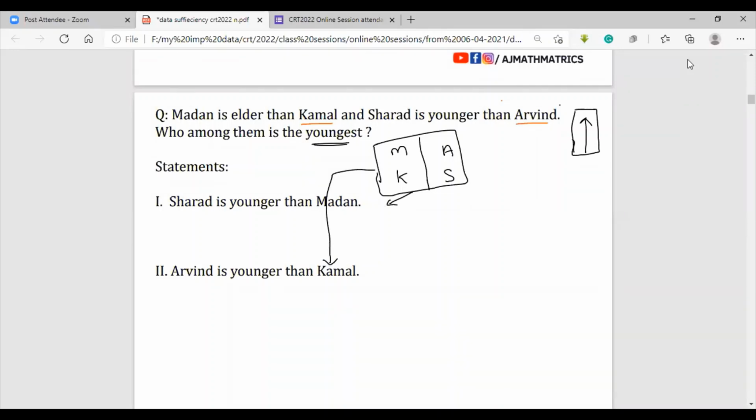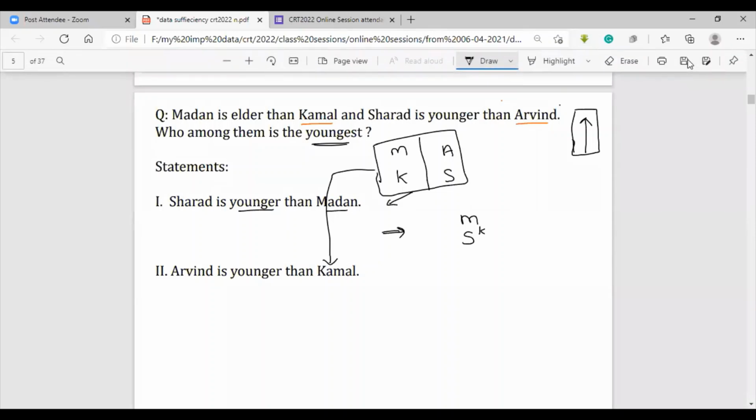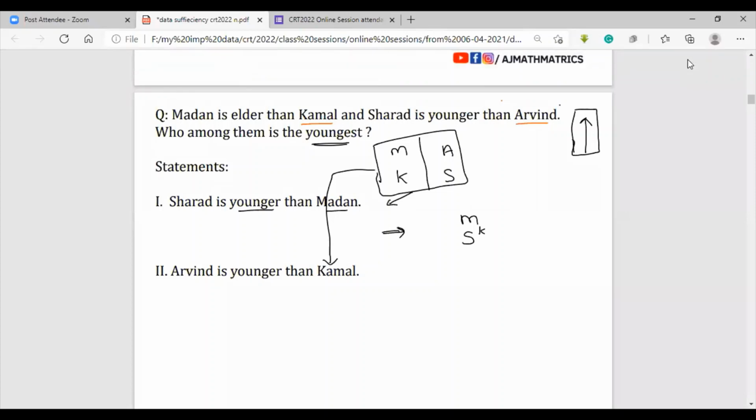Now the first statement: Sharad is younger than Madan. We already know that Madan is elder than Kamal. Kamal may be between Sharad and Madan, or Kamal may be below Sharad. Now, what about Aravind?